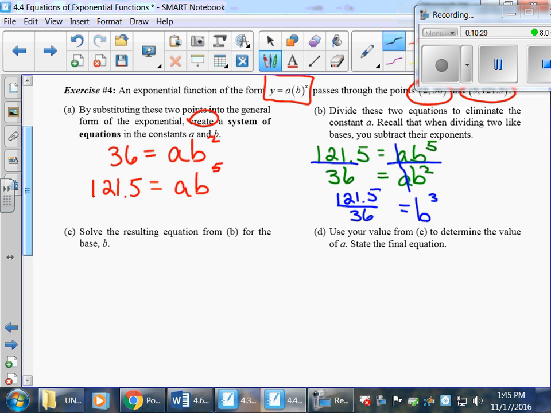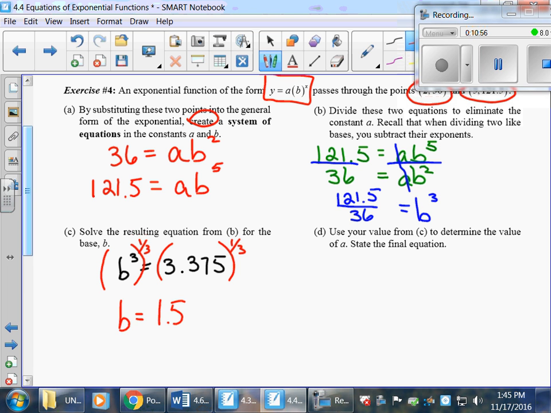We have b cubed is equal to, and if you do that division, you actually come out to a nice number, 3.375. This is what I was saying before, you can take the cube root, or you can simply raise it to the 1/3 power, because that will undo the 3 as well. It means the same thing, but b is equal to, once you're done with that whole thing, a really nice number.